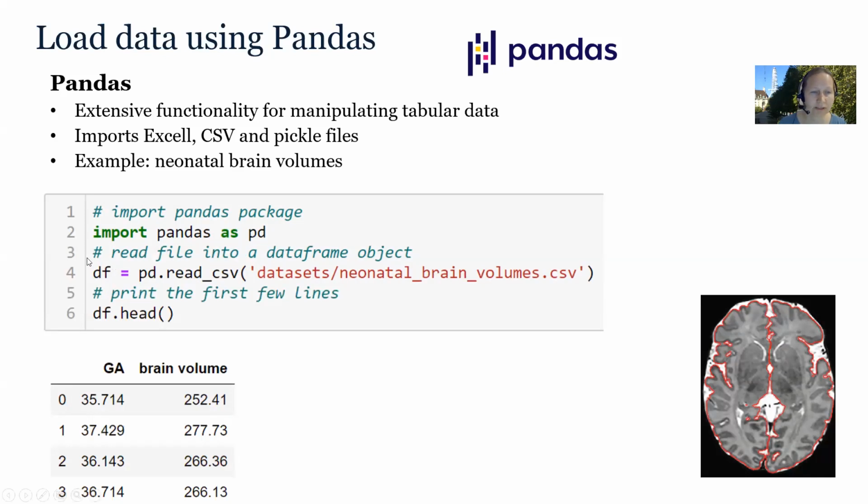Now that we have created this data frame object, we can look at what is in it by printing the first few lines using the function head. And we can see that we have the first column with gestational ages and the second column with brain volumes. Each row corresponds to a different sample, which is a baby.